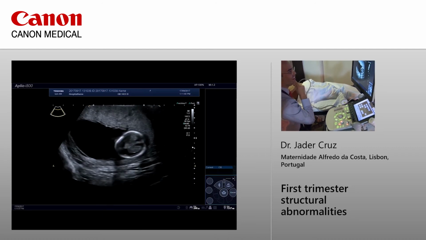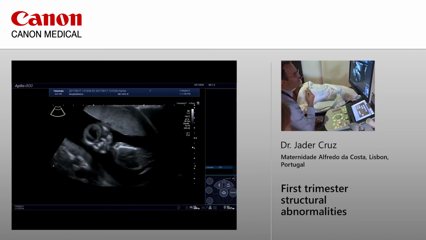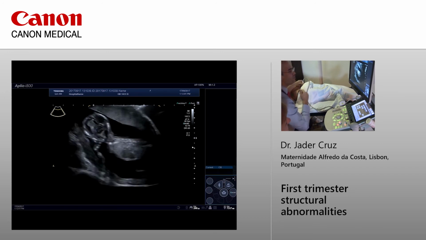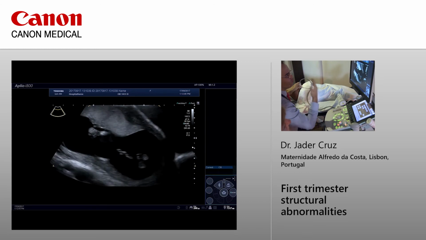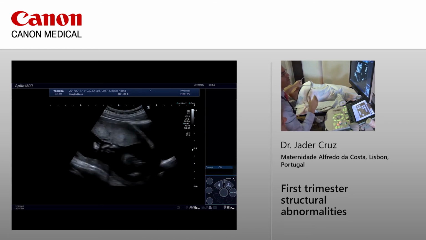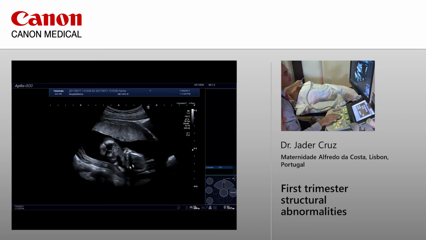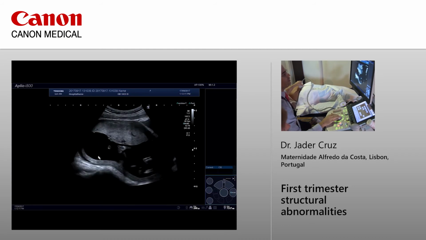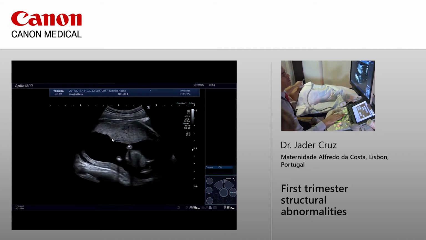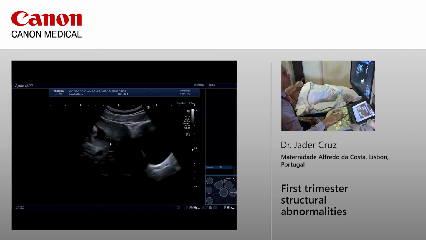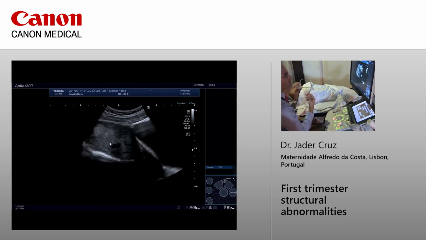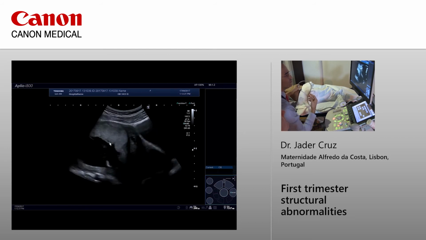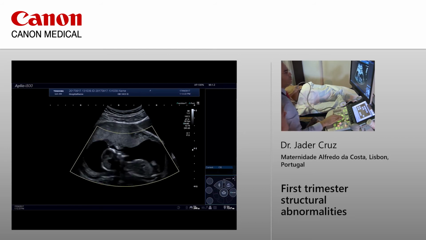That's okay. So when we're starting a scan, as I told you, we have an overview of the baby to see if the whole baby is there. And then you look at the uterus, see the placenta flow, the placenta cord insertion, look if there is only one baby, 2 or 3 or 4, and if the baby is inside the uterus. That's a good start. And then we move to the baby.